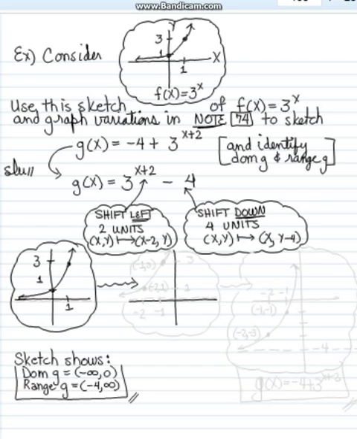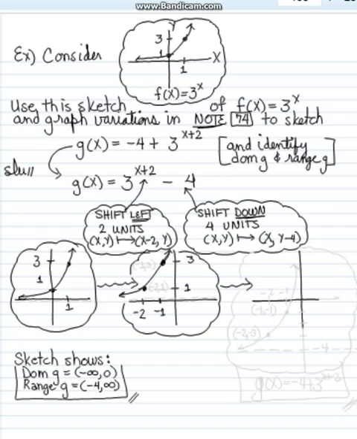Now, when we subtract 2, the ordered pair which originally was 0, 1 will now become -2, 1, right here. And the ordered pair that was originally 1, 3 becomes -1, 3. And we have this picture.